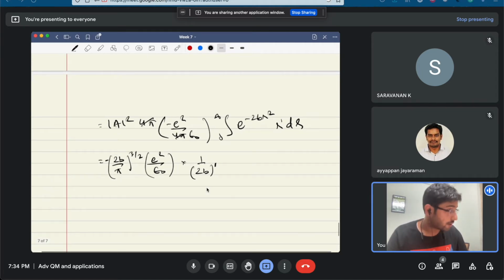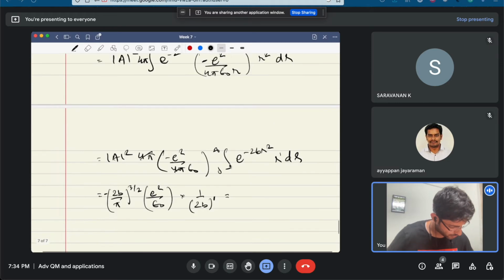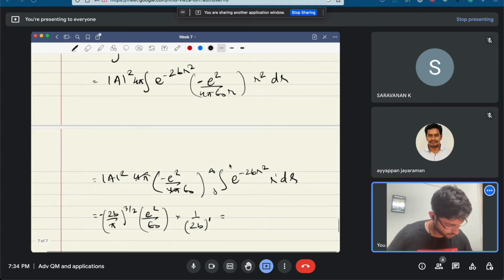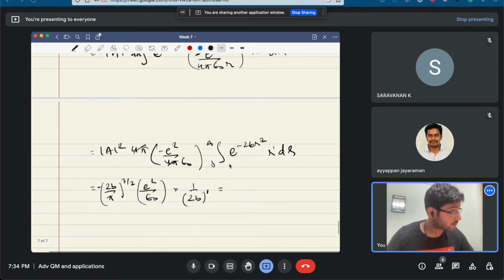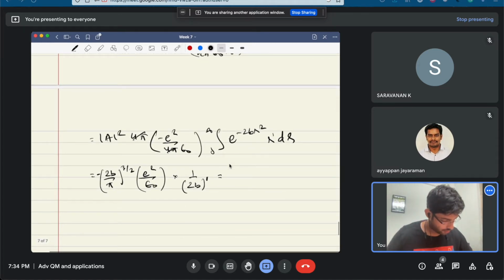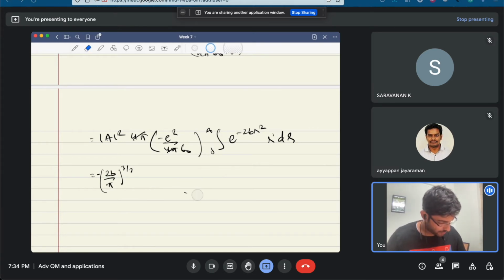So ultimately we get... okay, am I missing something out? Four pi supposed to be kept, so we get 4 pi by 4b. Let me keep the terms as it is.